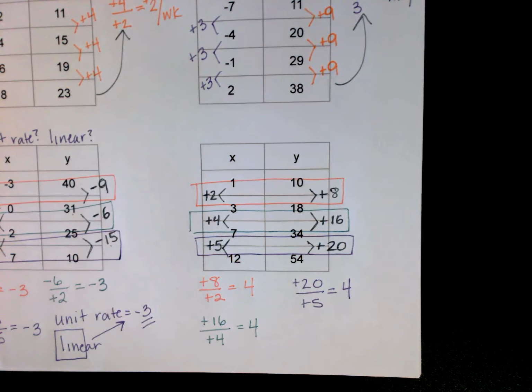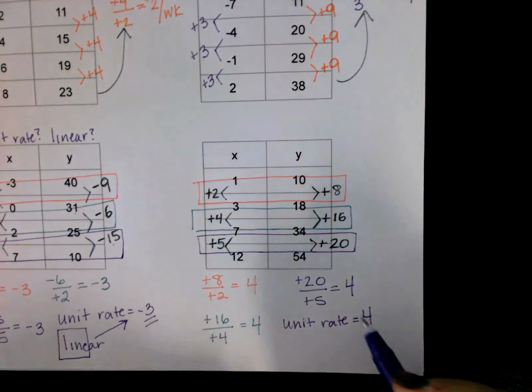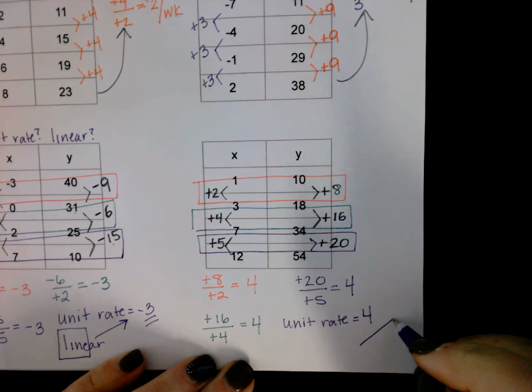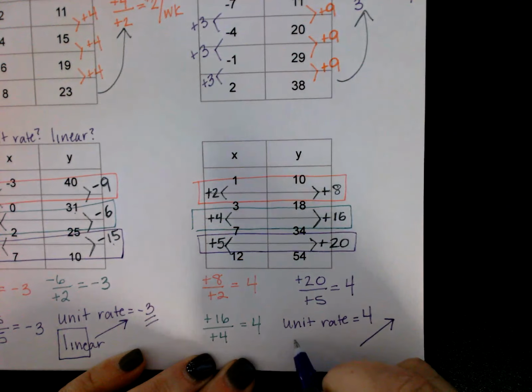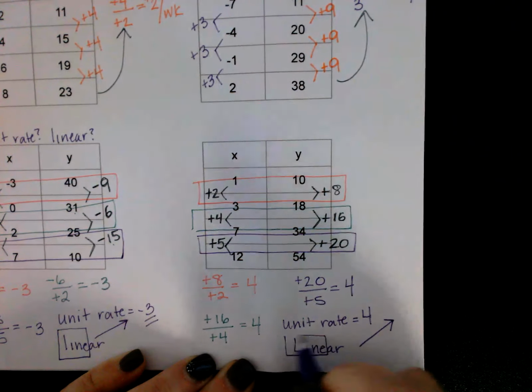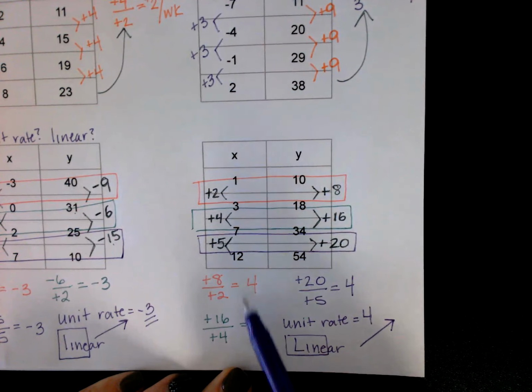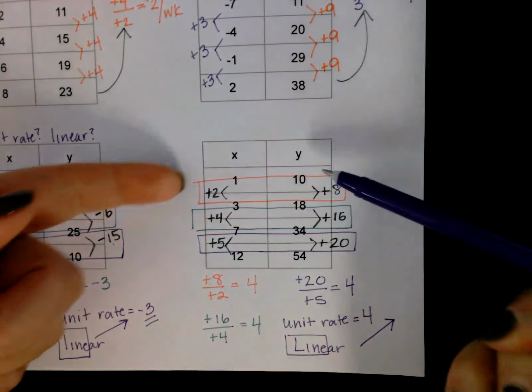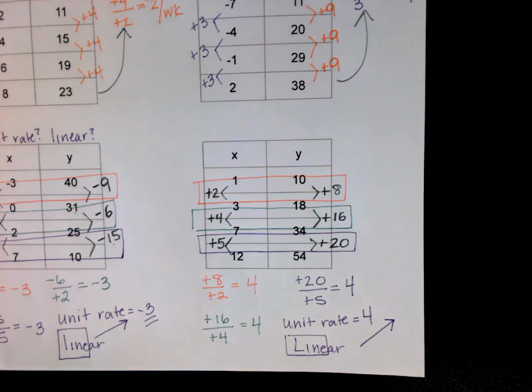So once again, I got a +4. That means our unit rate equals 4. When we start graphing, it's positive, so our line will be going uphill, and it will be linear because our rates of change from one row to the next are all the same.